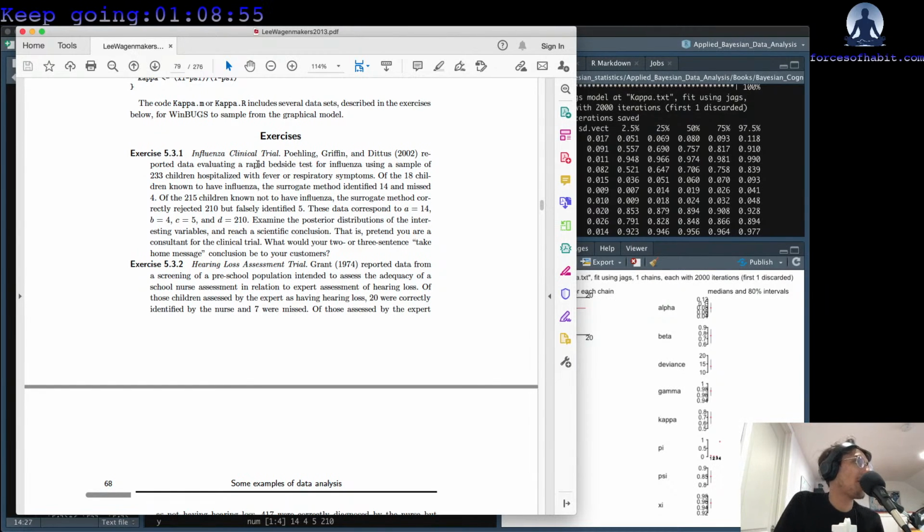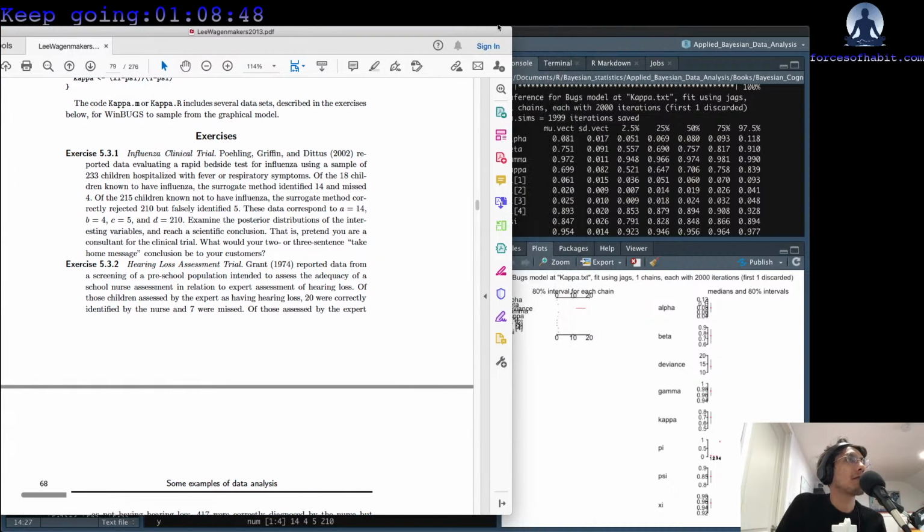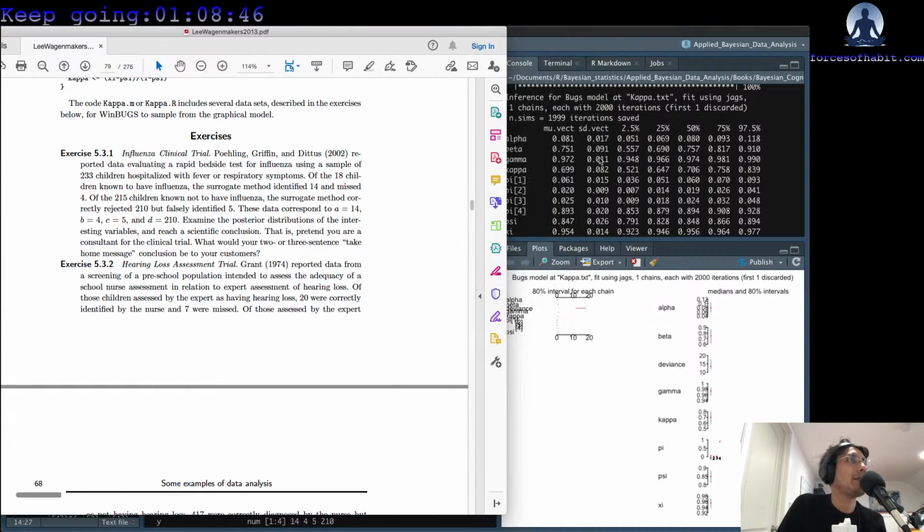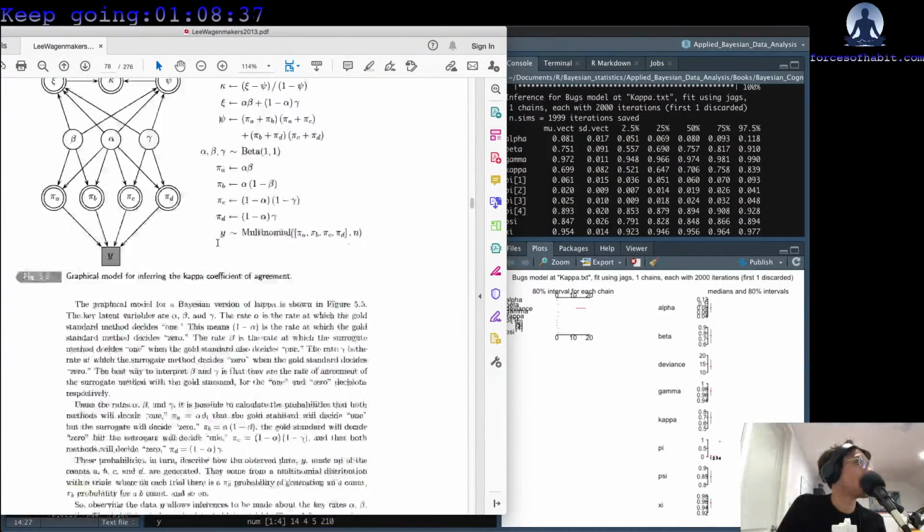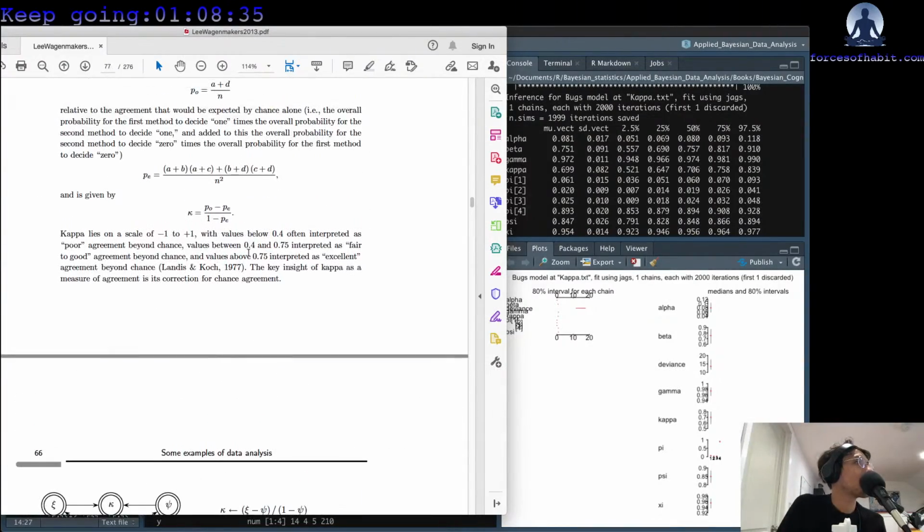Both methods for capturing influenza are not that variable, and high here being good.